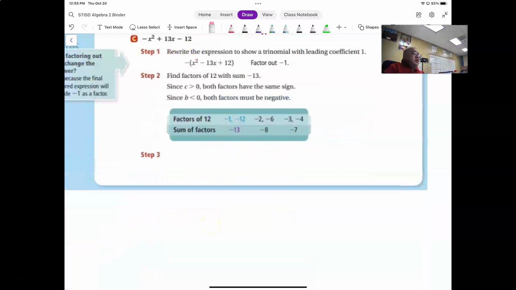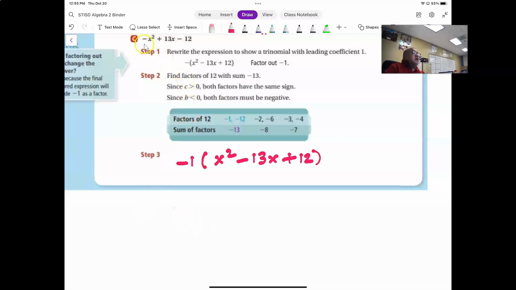We're going to factor negative x squared plus 13x minus 12. So we're going to factor out a negative 1. So what we have is negative 1 times x squared minus 13x plus 12.